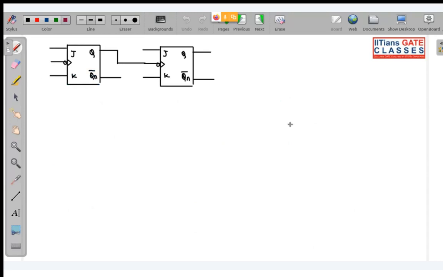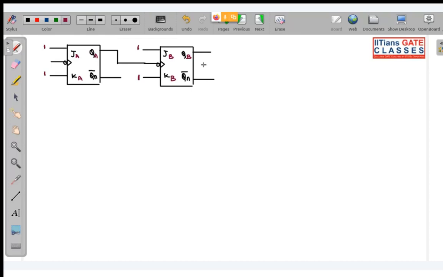Next we have a 2-bit asynchronous counter. Very quickly, first draw the diagram. Once again you can see I have kept this JK flip-flop in toggle mode. This is QA, this is QB, meaning this is the A flip-flop, so this will be JA KA, and this is the B flip-flop, so this will be JB KB.